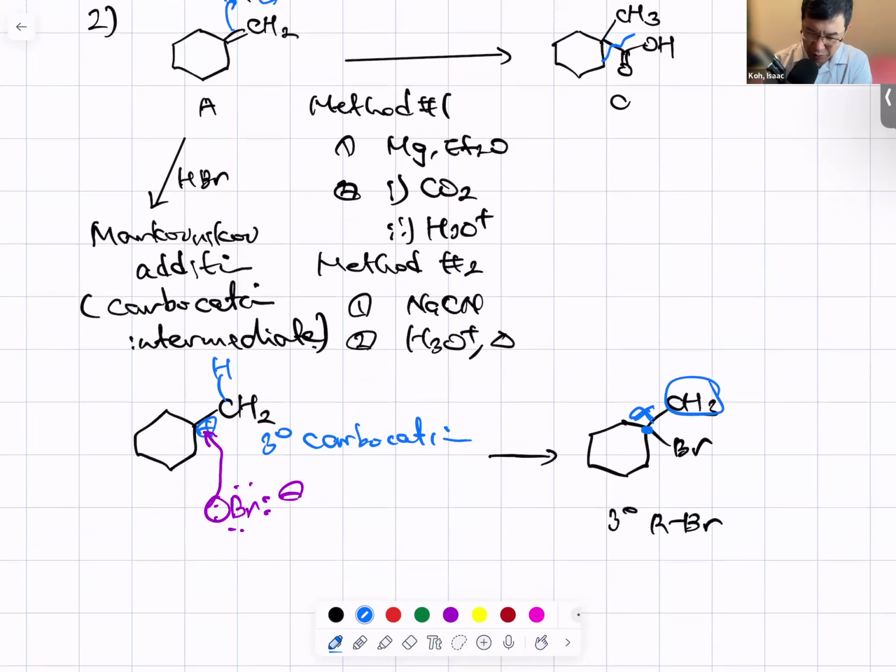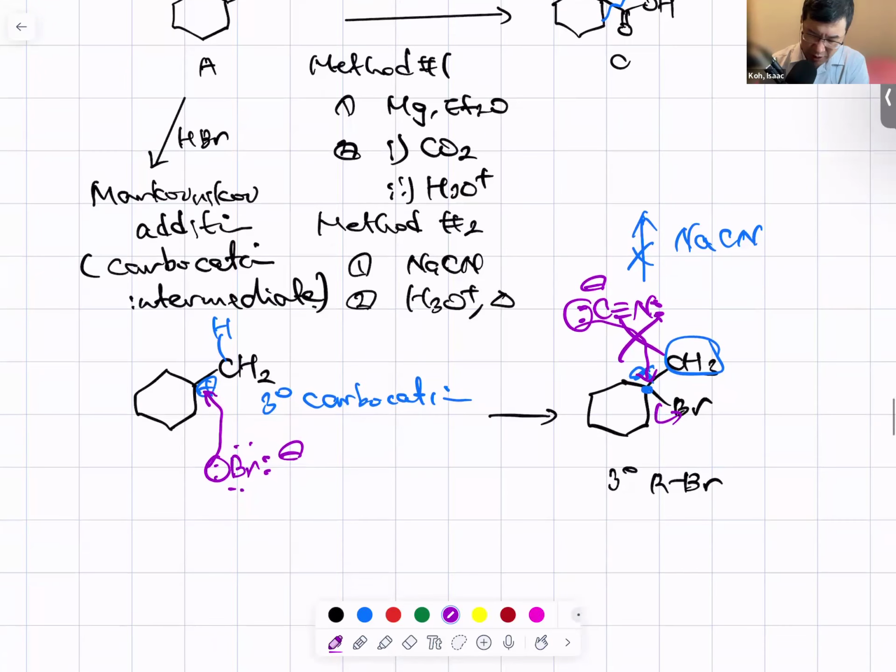And then we cannot use sodium cyanide here. Why not? Because cyanide ion should be attacking the alpha carbon, and bromide ion will be leaving. But the tertiary alkyl bromide is highly hindered.